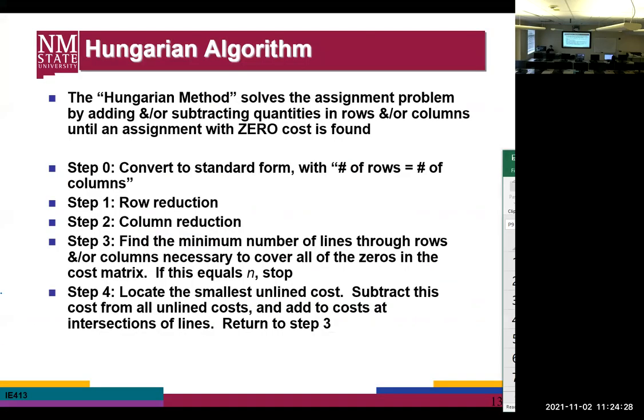Next step is we need to find the minimum number of lines that can cover every 0 element in the reduced cost matrix. So here the keyword is the minimum. We're going to identify the minimum number of lines that can cover every 0.